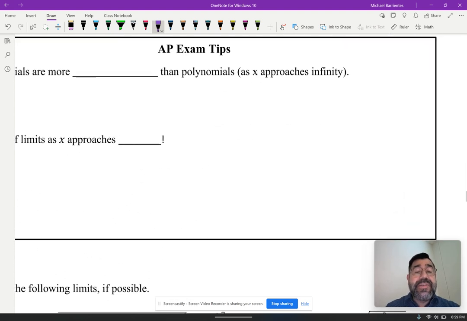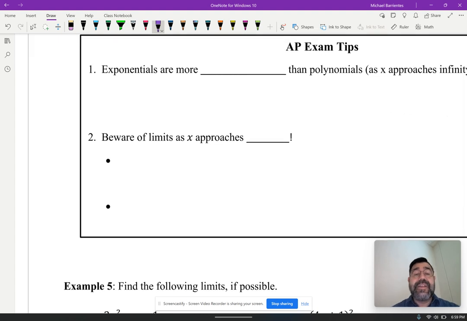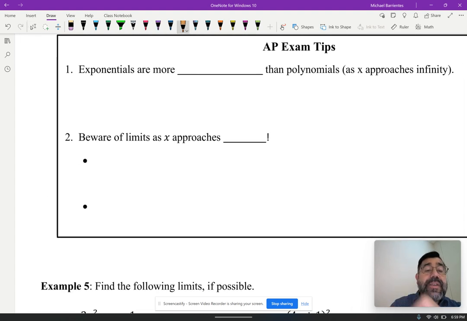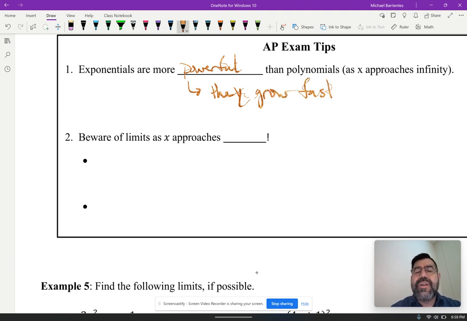A couple of notes, and I'm not going to fill everything in, but I need you to remember that exponentials are more powerful than polynomials as x approaches infinity. What I mean is they grow faster. So whenever I have an exponential, it's always going to grow faster than any polynomial.